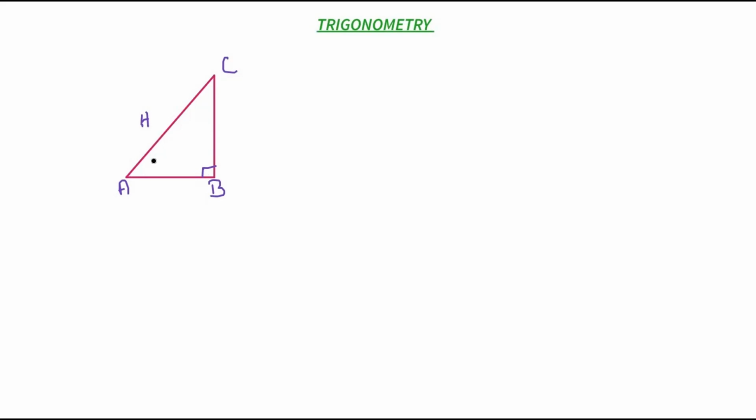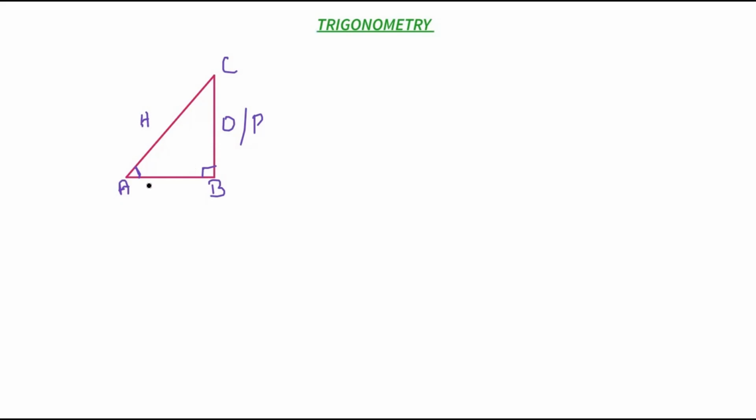Now we are going to take any one angle. Let's take this angle A, and we will work with reference to angle A. The side exactly opposite is BC. This side is called the opposite side, or you can call it the perpendicular side because it's a standing line, a straight vertical line. Usually we use perpendicular, but a few use opposite.